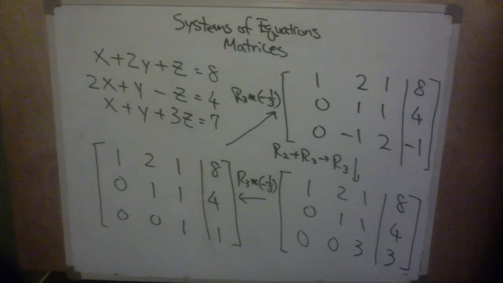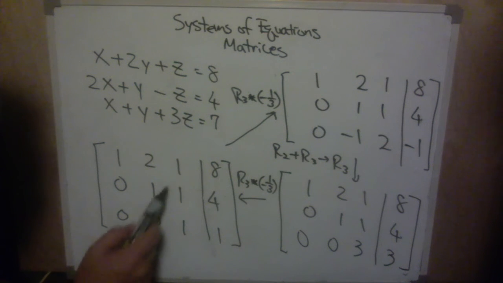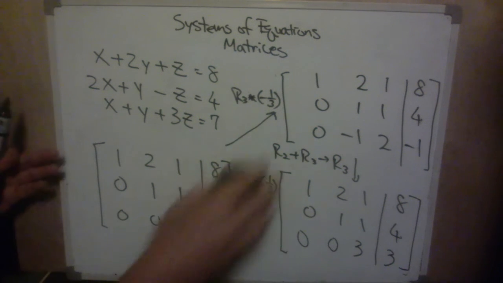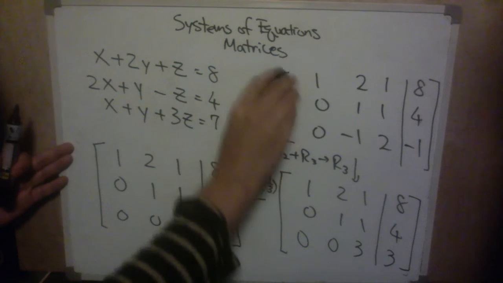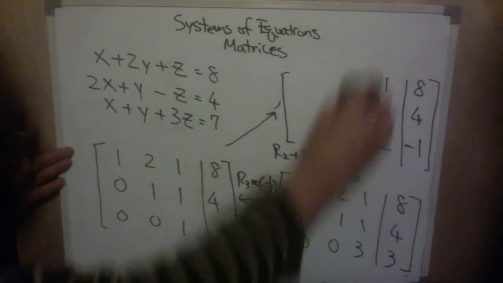And we're done. So the first thing I want to do, I want to make this one equal to 0. So what I can do is take row 3 and multiply it by negative 1 and add it to row 2. I'm just going to erase these numbers up here.